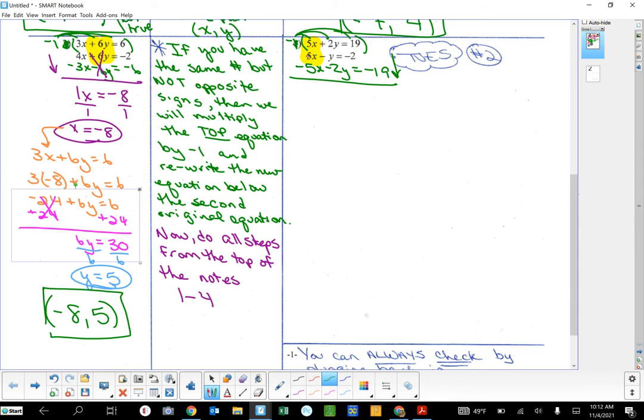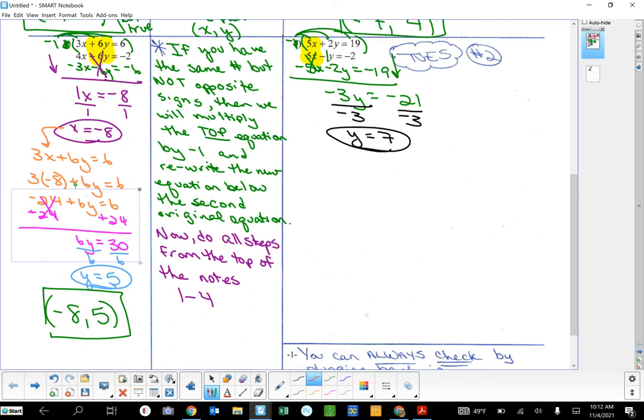So the 5x's are going to cancel. We have -1y minus 2y, so that's -3y equals -2 minus 19, -21. Divide both sides here by -3, and y equals negative divided by a negative is a positive. Don't forget your signs, they're super important. So we have y equals 7.